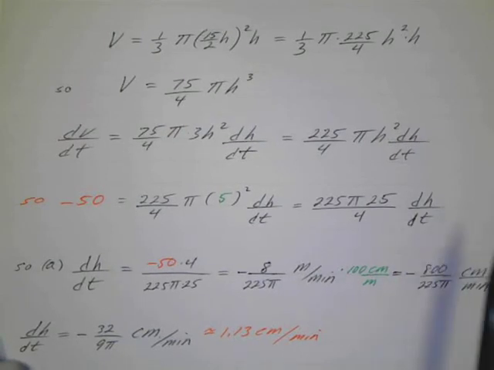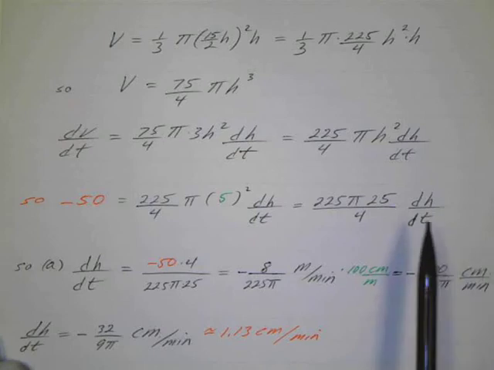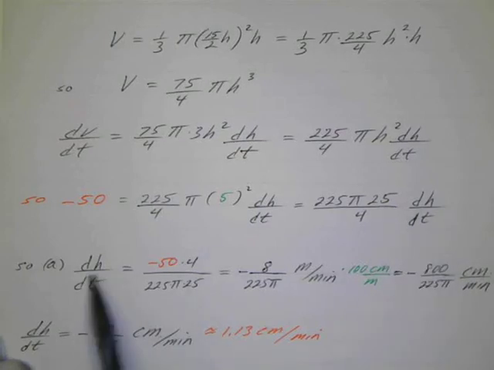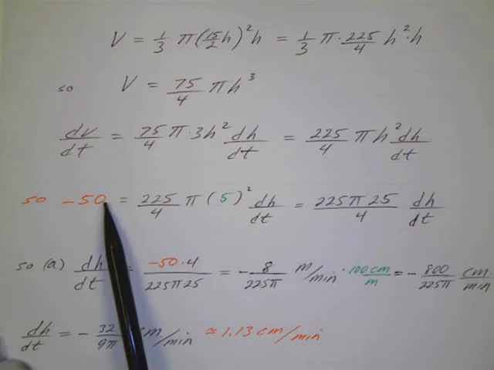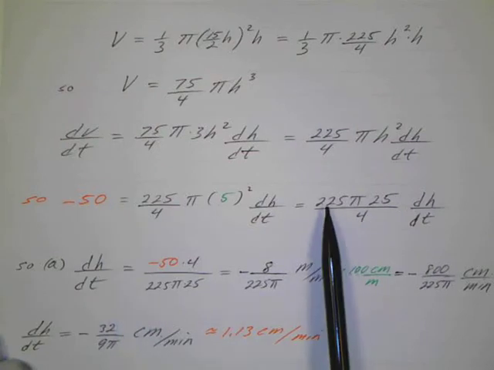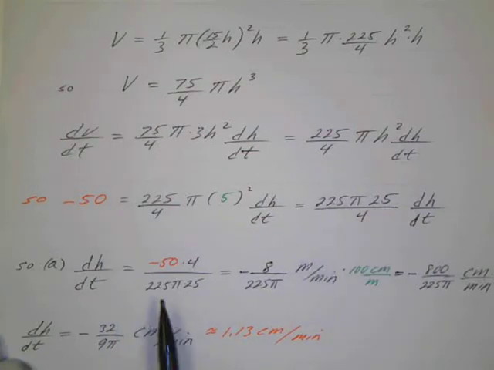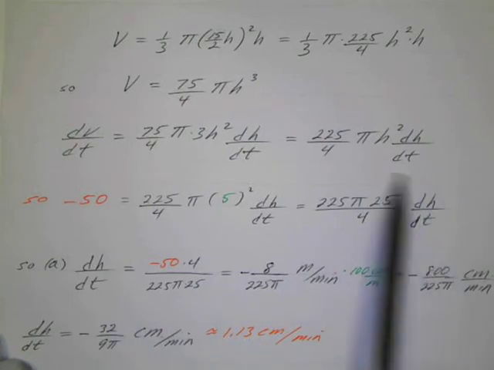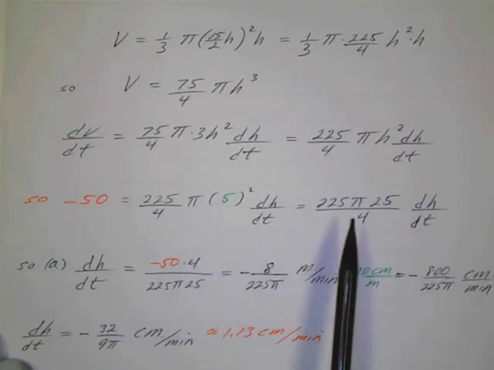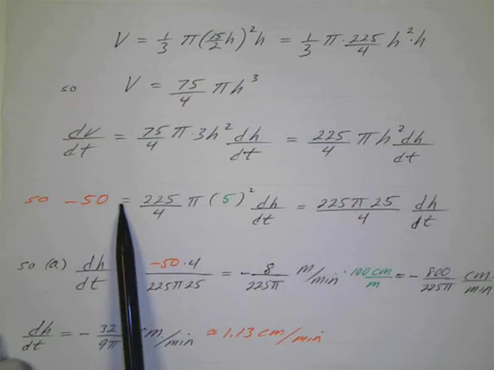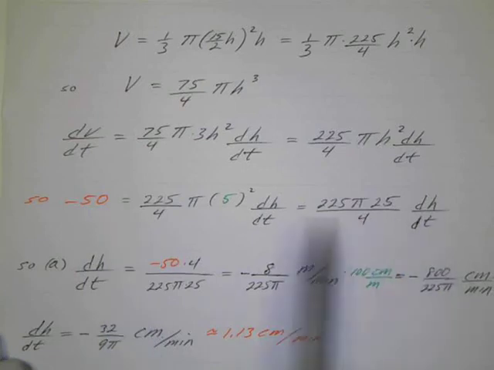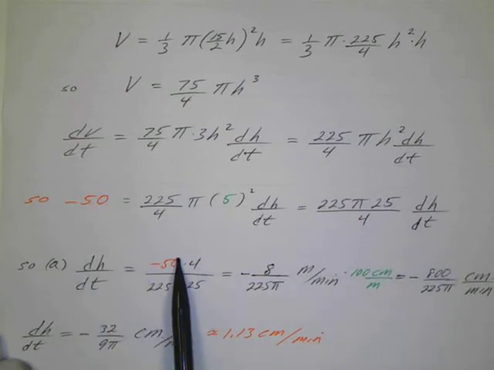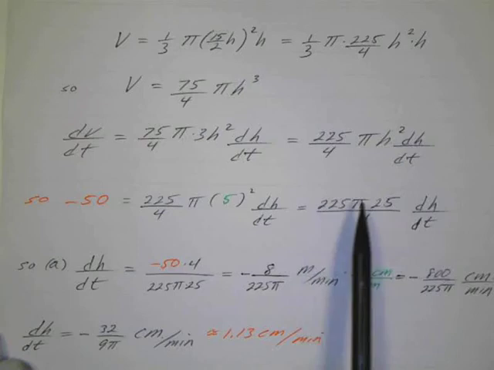Okay, so I can solve for dh/dt. So dh/dt will equal, and I can multiply 4 times that, so I've got negative 50 times 4, and I'm going to divide that by 25 pi times 25. In other words, I multiply 4 times this, that's going to give me the top, and I divide by this, so that goes on the bottom.